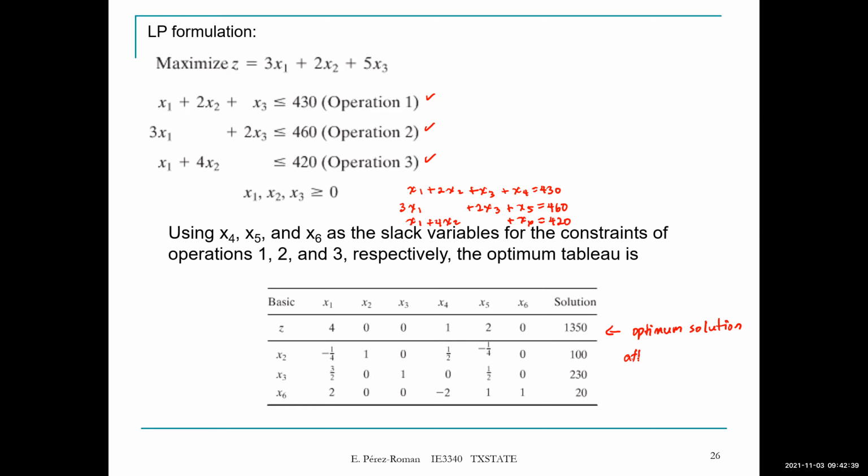after applying the simplex method. So now, I'm not going to go through the, yes. Regarding notation, it says 4, 5, 6 are our slacks. Is that a different notation? Yes.